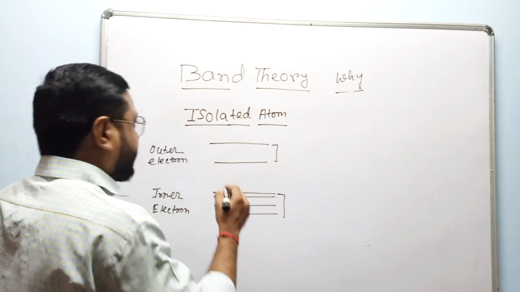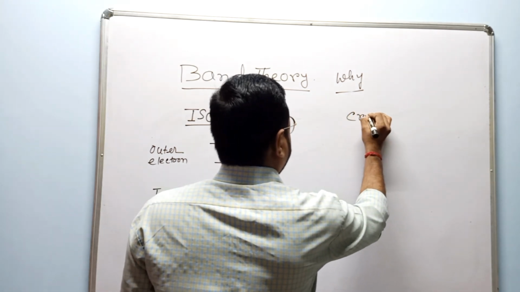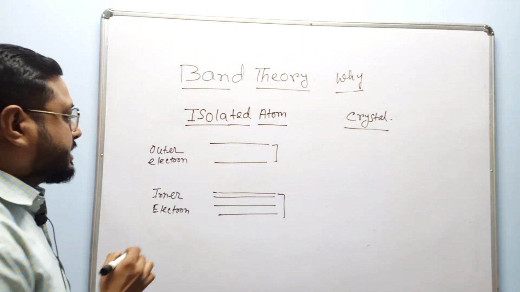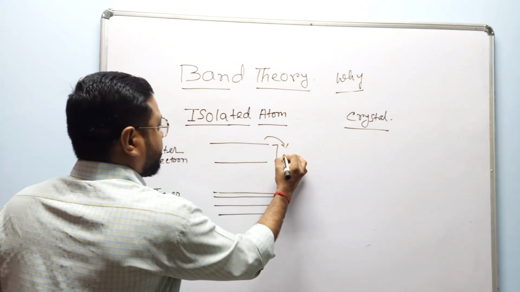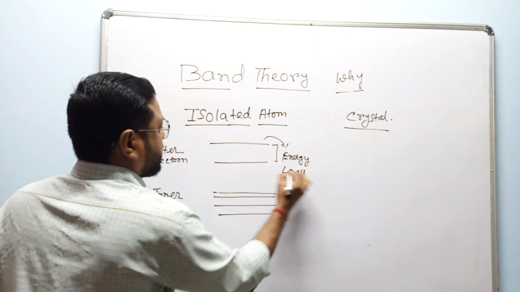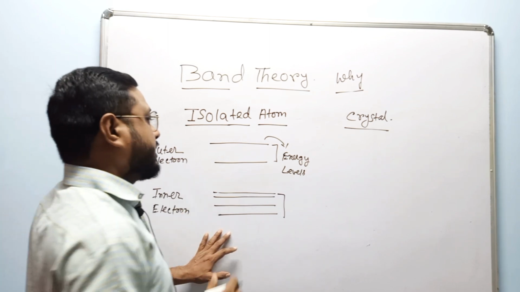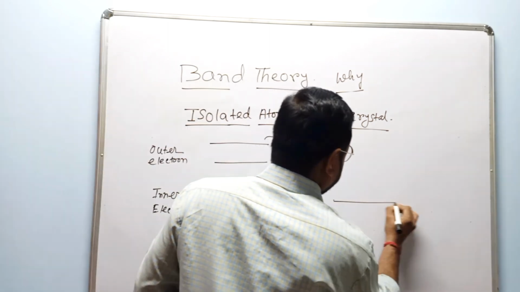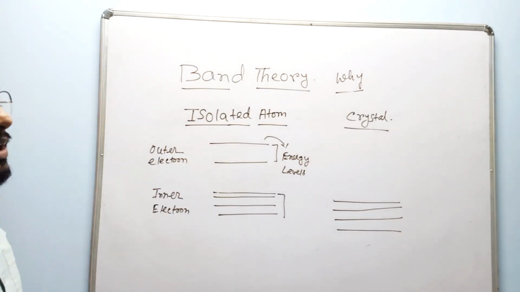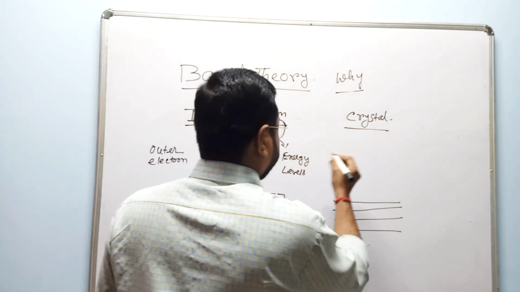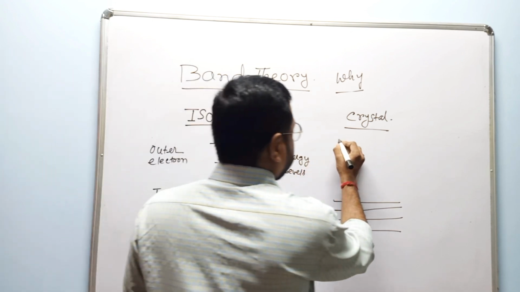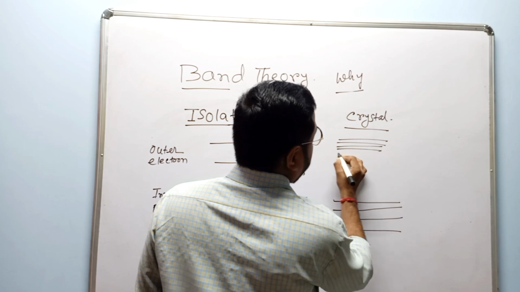So in the case of crystal, the outer electrons' energy levels are altered or modified, but the inner electron energy levels remain same. The outer electron energy levels are slightly modified, that is, the energy levels are not sharp or discrete. Instead of a single energy level, it is split into a large number of closely spaced energy levels.